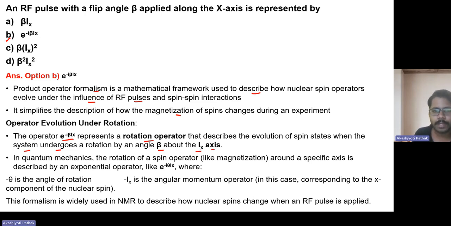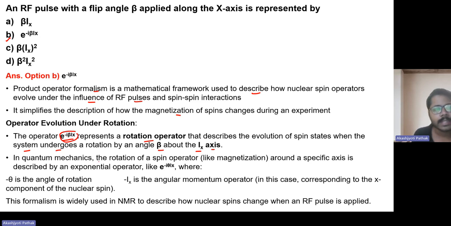So the nuclear spin is rotated in the x axis, by an angle beta. So that is what is meant by this operator e to the power i beta Ix.